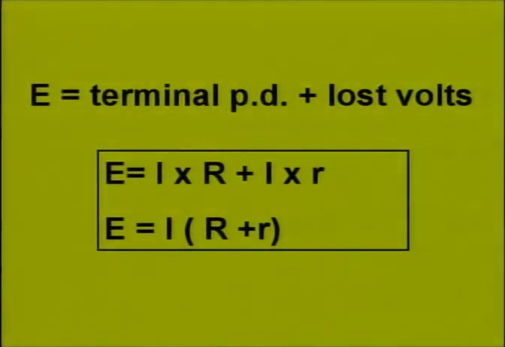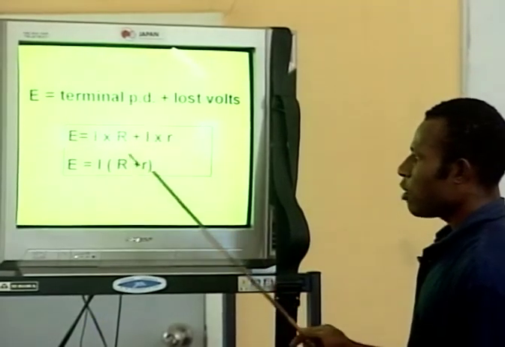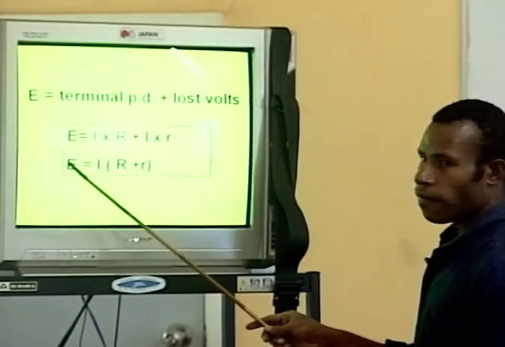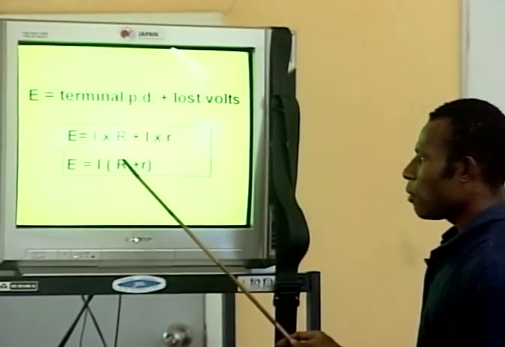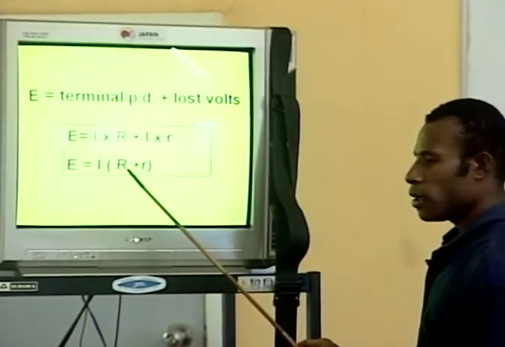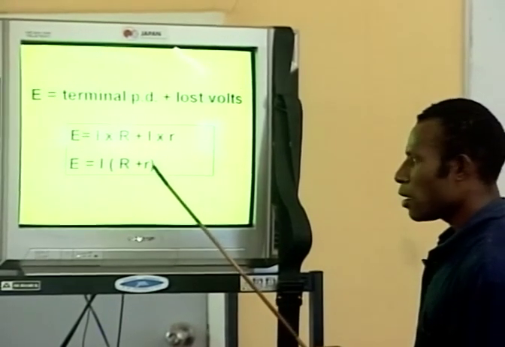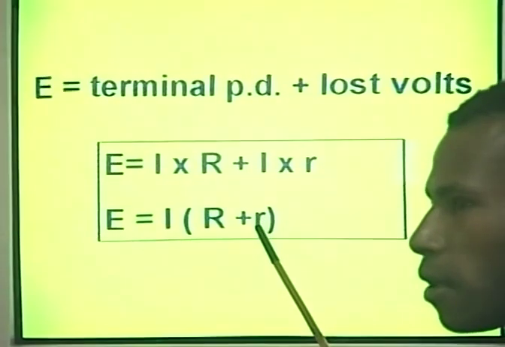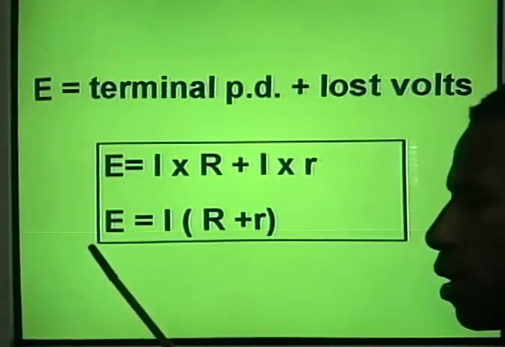That will be I times R when you're calculating, plus the lost volts, which is the internal resistance, a small r here. When you factorize, you come up with E equals I times (R plus r), where big R is the resistor that is connected, plus the internal resistance of the wire. That gives you the amount of energy that is lost.